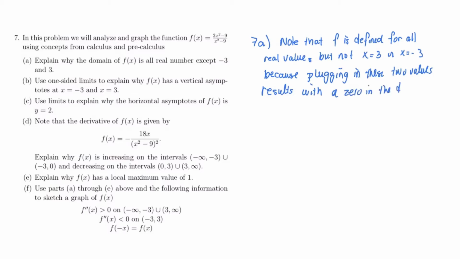That's really all you needed to say. There's lots of ways to say this. Some of you use more sentences, but this was enough.